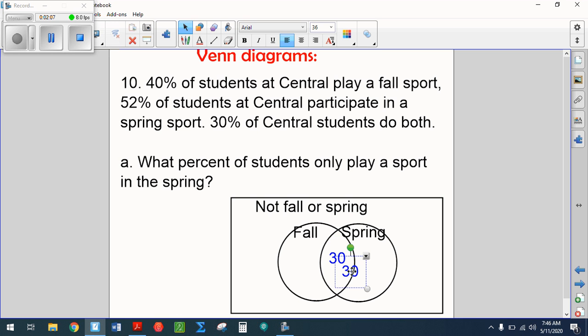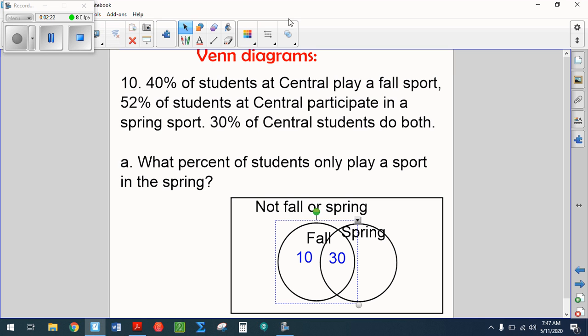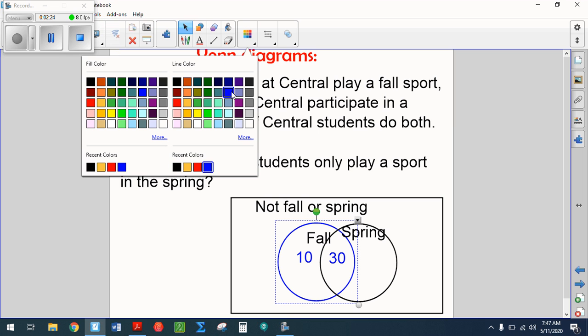So how many more would be in the fall? It wouldn't be 40, because now I'd have 70 in the fall circle. It would just be 10. So now inside my fall circle, I have 40 students, or 40%.